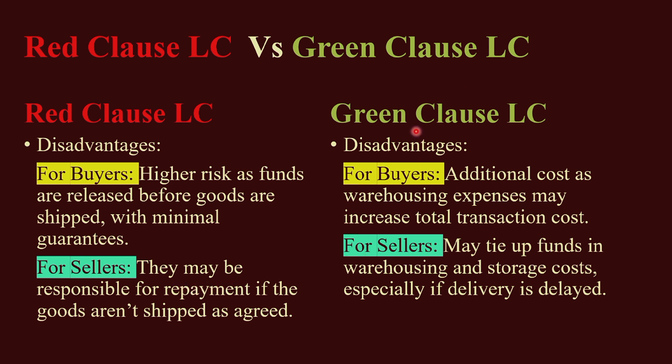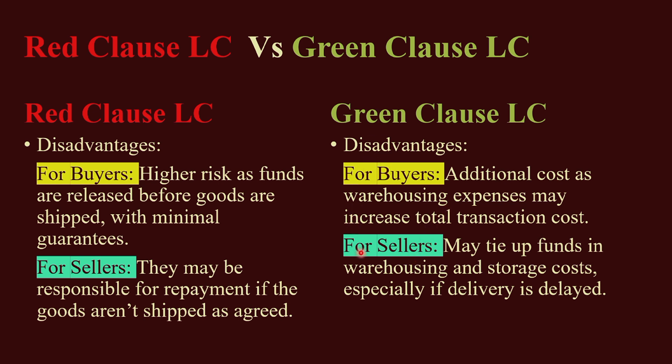When we discuss the disadvantages of green clause LC for the buyer, additional cost such as warehousing expenses may increase total transaction cost. As in case of red clause LC, there is no additional cost of warehousing expenses, so it is only applicable in green clause LC.